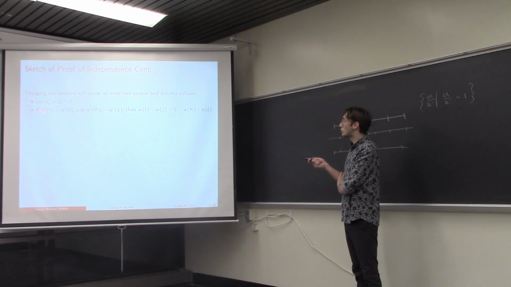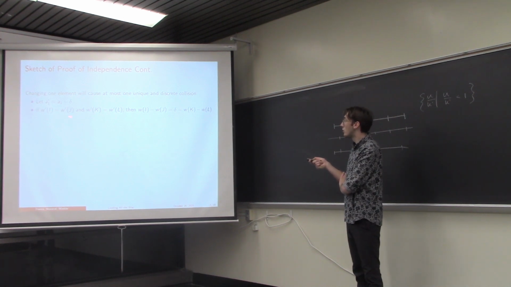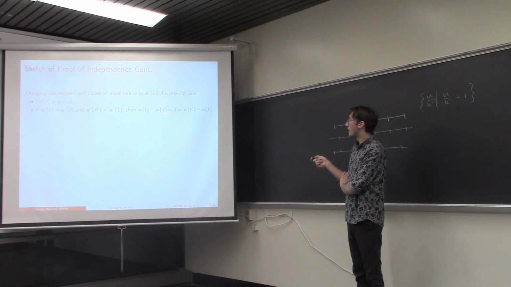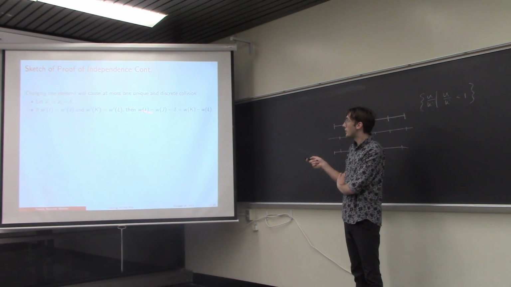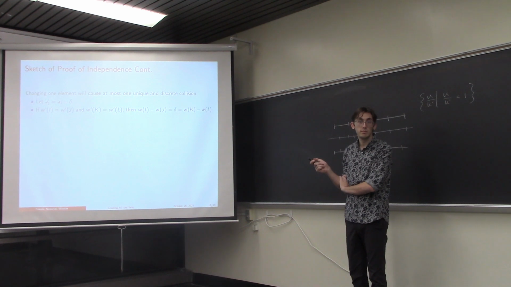So we have two pairs of index sets, I, J and K, L, for which the weight in the new updated set of these two pairs are the same. But then that means that, up to ordering the I and J properly, the difference of these two are both delta.